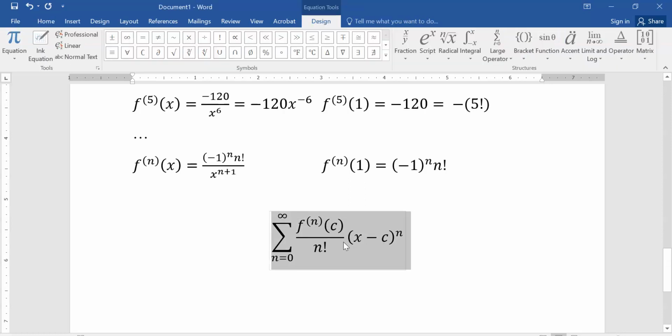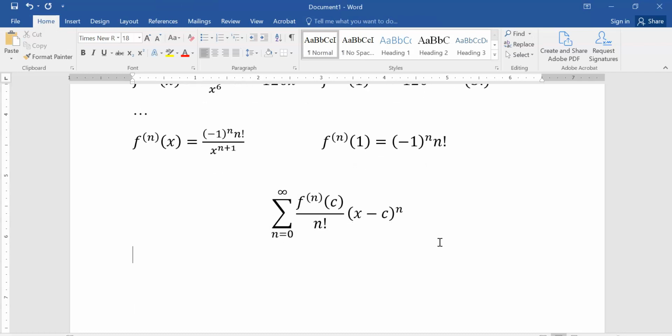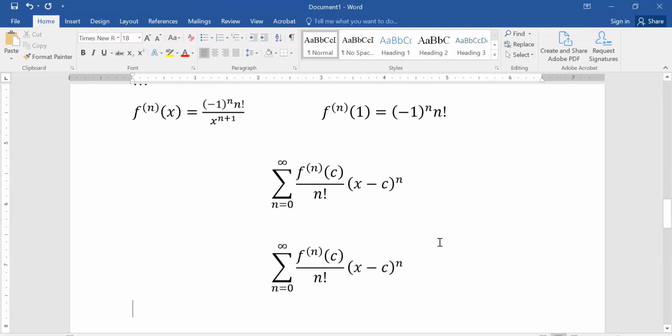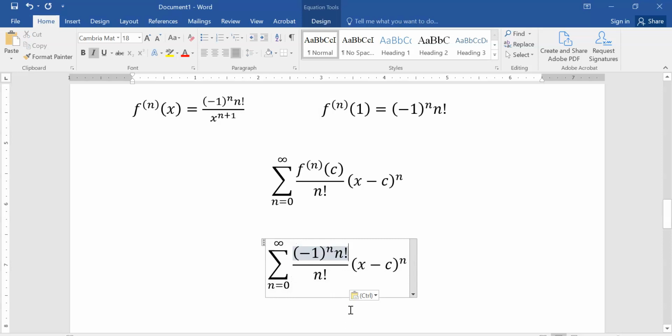In fact, let me just do a copy paste thing. So now once I've established this pattern, I can take this negative 1 to the n times n factorial. I can plug it in right there. Notice what's going to happen. Oh, let me plug one other thing in there. We know we're centered at 1, so that'll be an x minus 1.